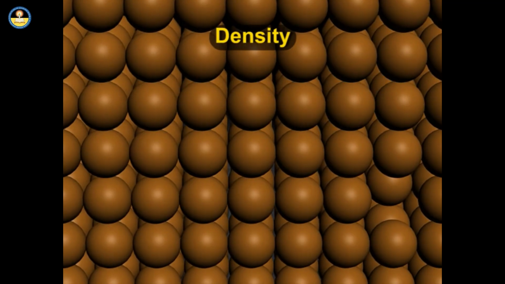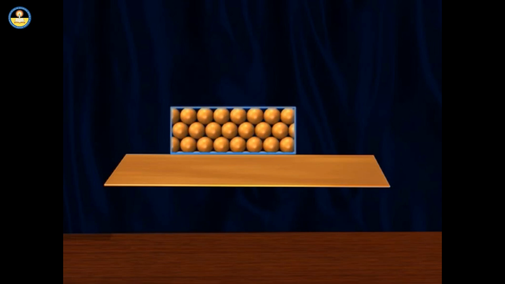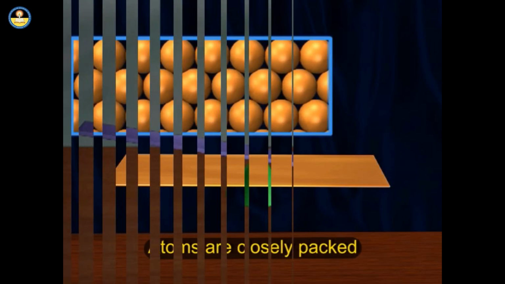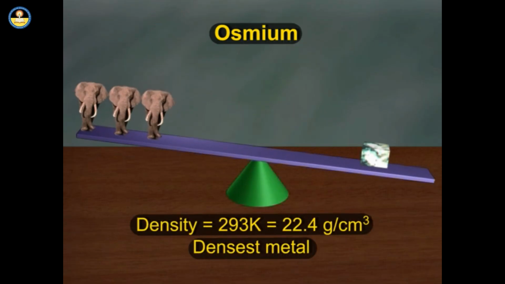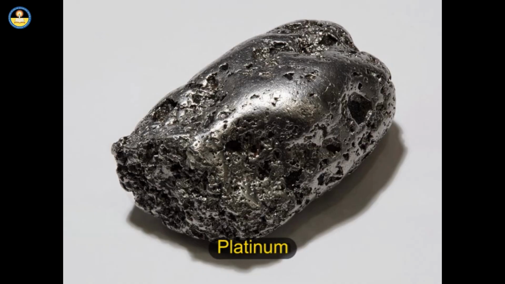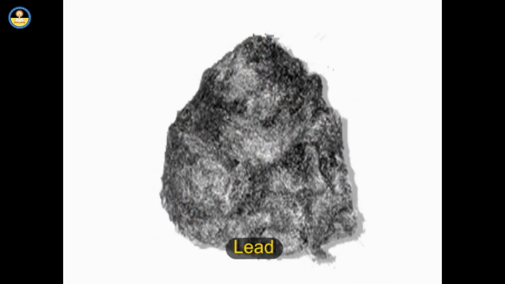Density of metals is high. This is because in metals, atoms are closely packed. Osmium is the densest metal. Platinum, gold and lead have high densities.